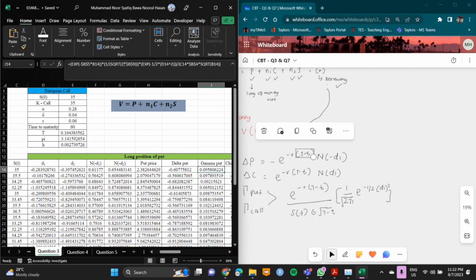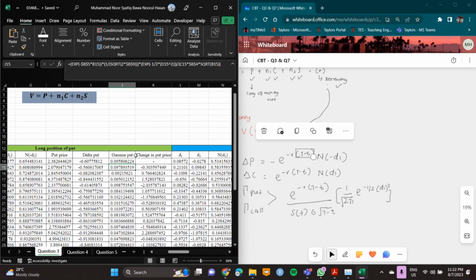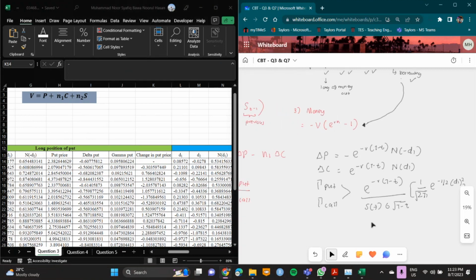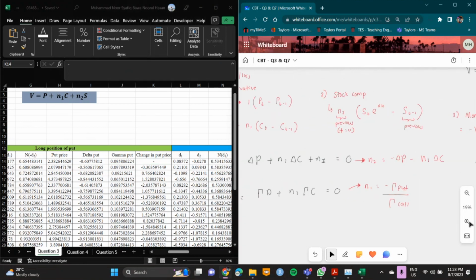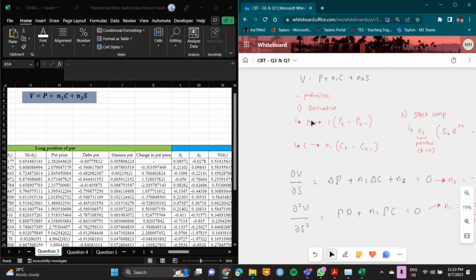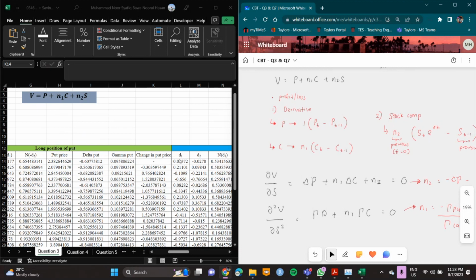So once we do it for one particular row, we can drag for all the 27 rows for the 27 days. So the change in put price, why do I do the change in put price? Because in component one, we need the change in put price, which is P_t minus P_(t-1), the price of this day minus the previous day's price.